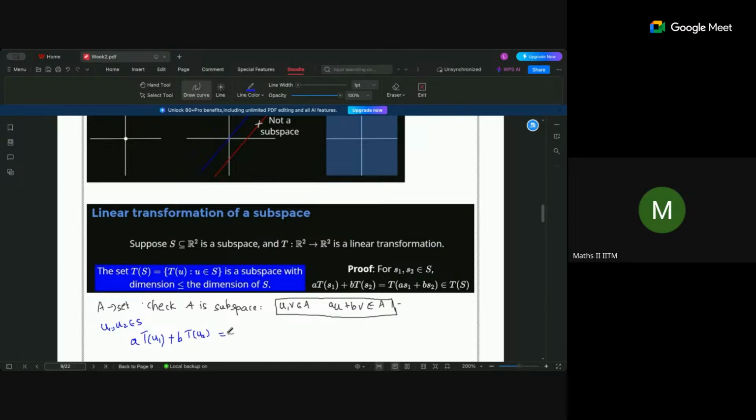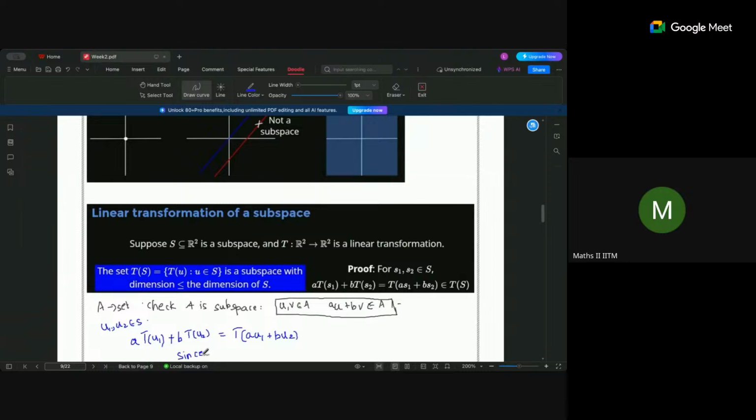According to the additivity and scalar multiplication properties, you can rewrite it as T of (a u1 plus b u2), right?